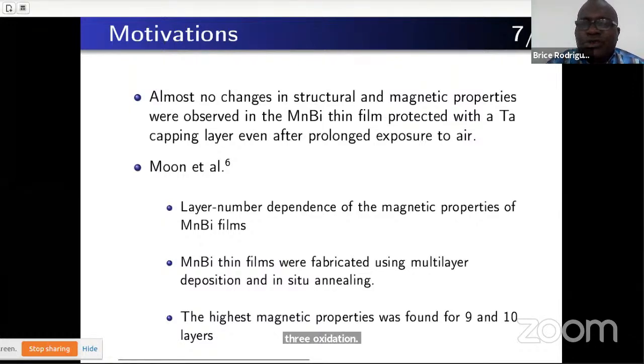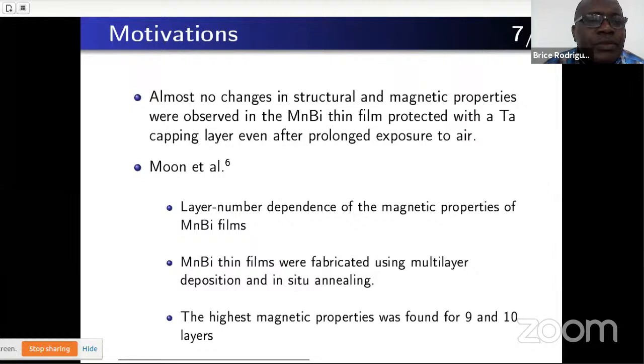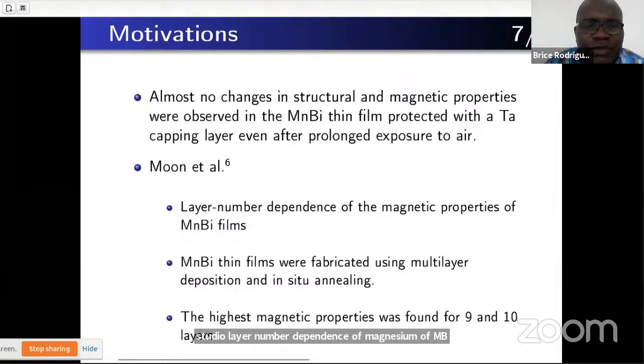Almost no change in structural and magnetic properties was observed in the MnBi thin film protected with a tantalum capping layer, even after prolonged exposure to air. Moon et al. studied the layer number dependence of the magnetic properties of MnBi films.